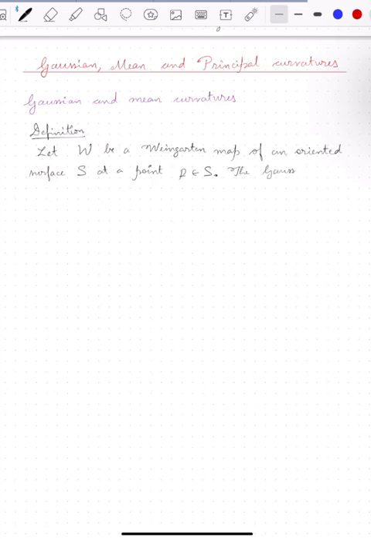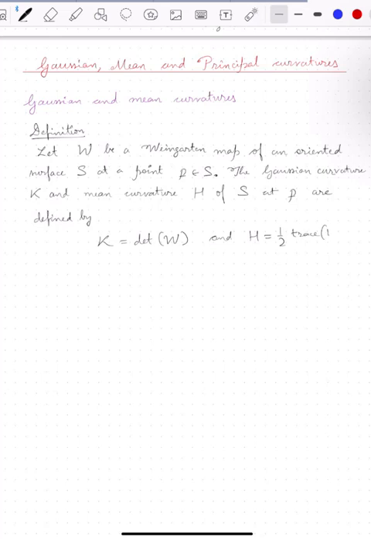The Gaussian curvature K and mean curvature H of S at P vector are defined by: K is the Gaussian curvature, defined as the determinant of the Weingarten map, and H is half of the trace of W.